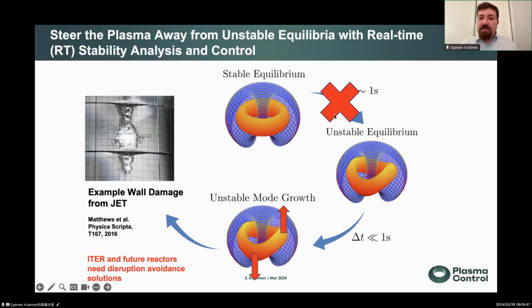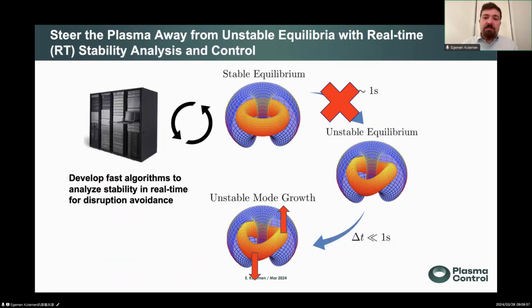For that, you have to stop this unstable equilibrium, how to get there. If you avoid that, then you don't have this instability and you don't have any problems. These timescales are quite fast. Sometimes people ask, why don't you have a human operator steering the plasma? Well, unfortunately, it's too fast.